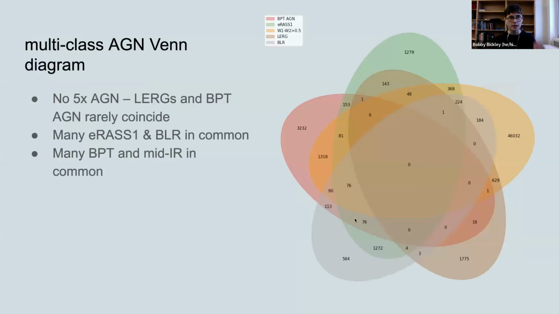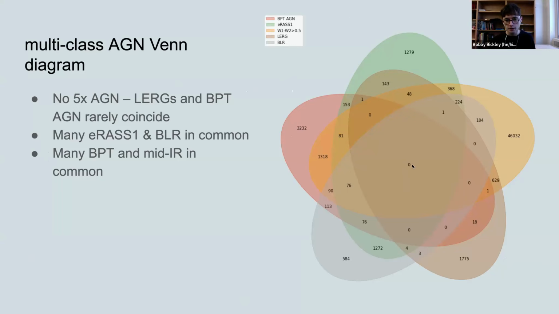So I've got this Venn diagram here, which sort of shows the different AGN selection. What I'll point out, a couple things about this, is that there are no sort of pentuple class AGN, and this is just because of the fact that low excitation radio galaxies, and I actually can't see my own color scale here, low excitation radio galaxies, which are in the brown, basically do not coincide with BPT AGN, sort of by definition.